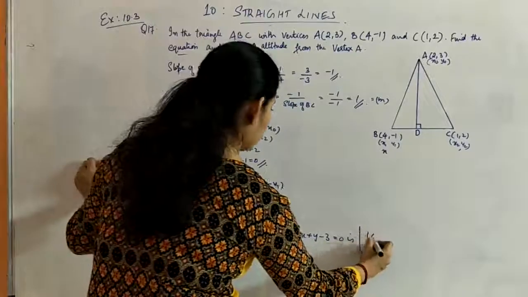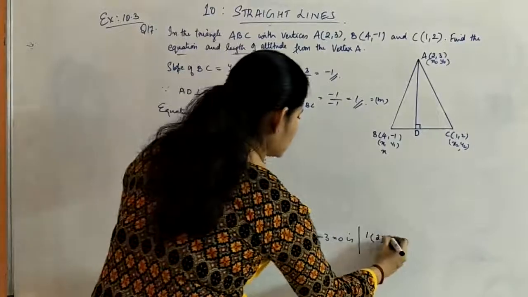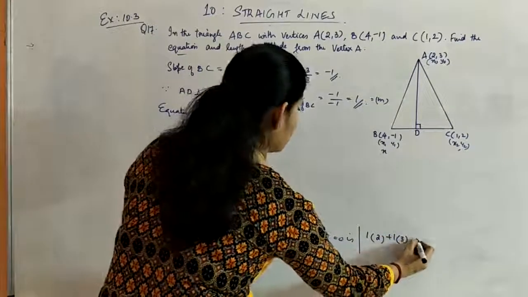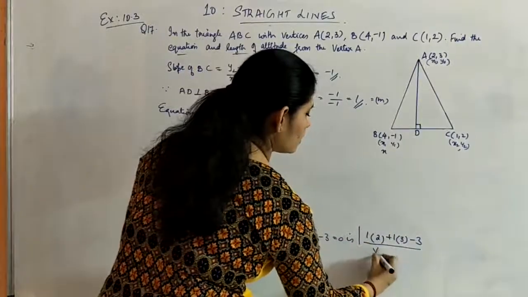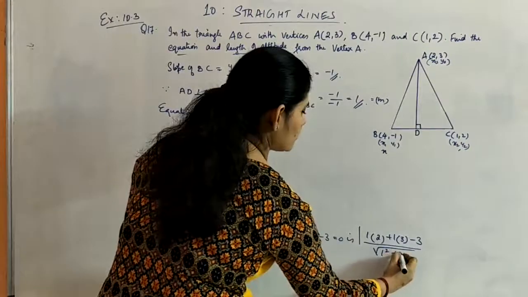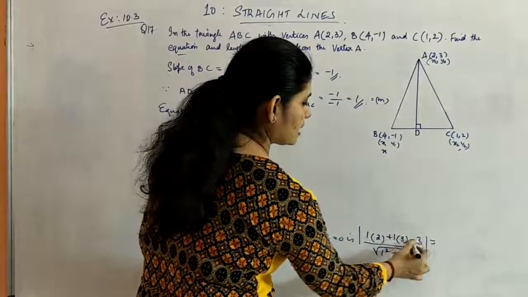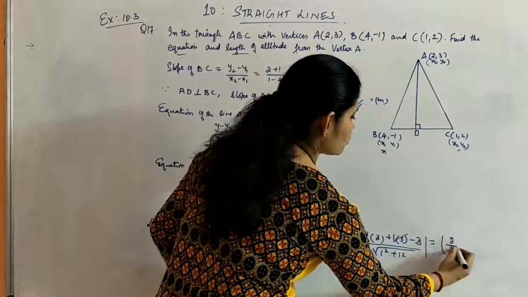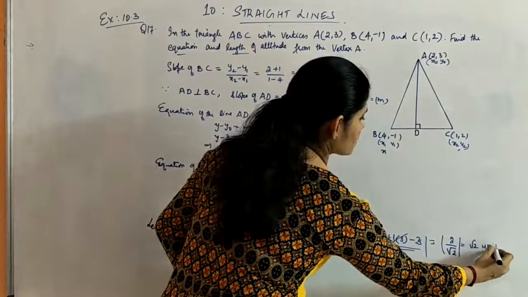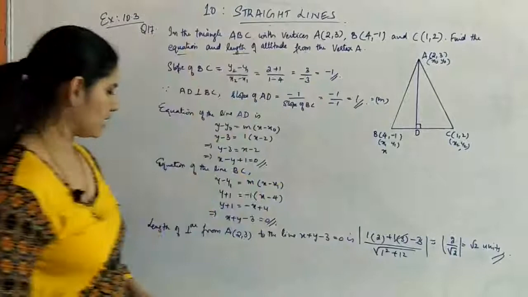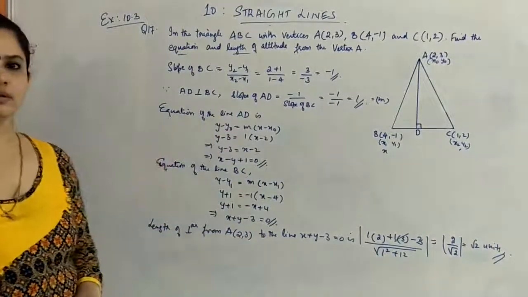So you'll get 1 into x1 which is 2, plus 1 into y1 which is 3, minus 3. This is your ax1 plus by1 plus c divided by root of a square plus b square, 1 square plus 1 square. Here this will get cancelled and you are getting mod of 2 by root 2, or root 2 units. Okay, so that is the length of the perpendicular from A to the line, and the equation also you got.